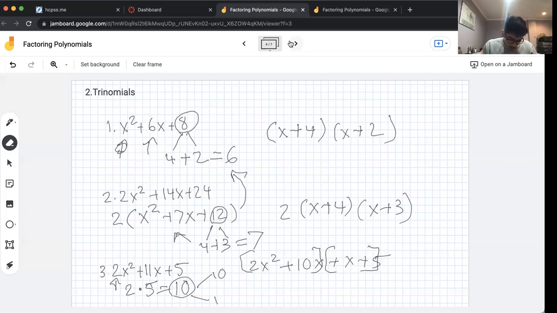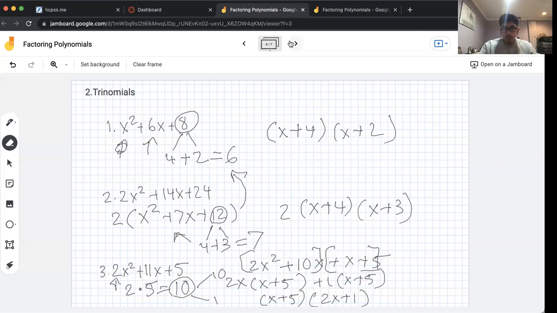In this case, we can factor out the GCF of the first expression, 2x, and we'll get 2x times x plus 5, and another 1 times x plus 5. Now the GCF of these two is x plus 5 times 2x plus 1.